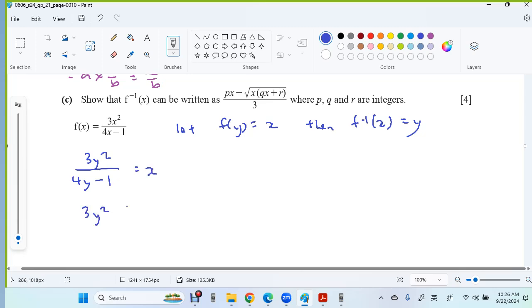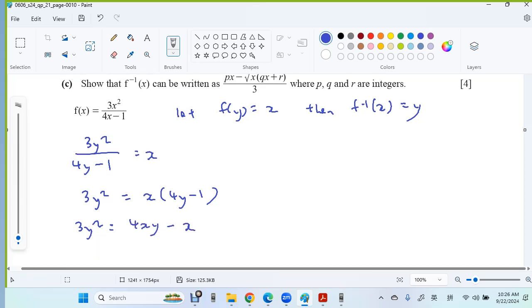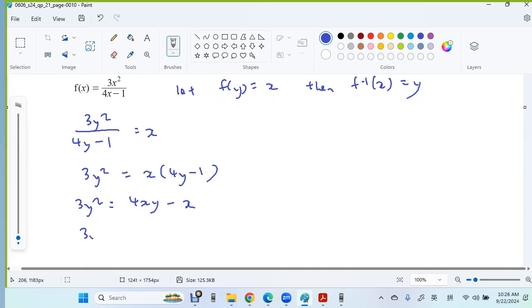Then we have 3y squared equal to x times (4y minus 1), so 3y squared equal to 4xy minus x. Then 3y squared minus 4xy plus x equal to 0.